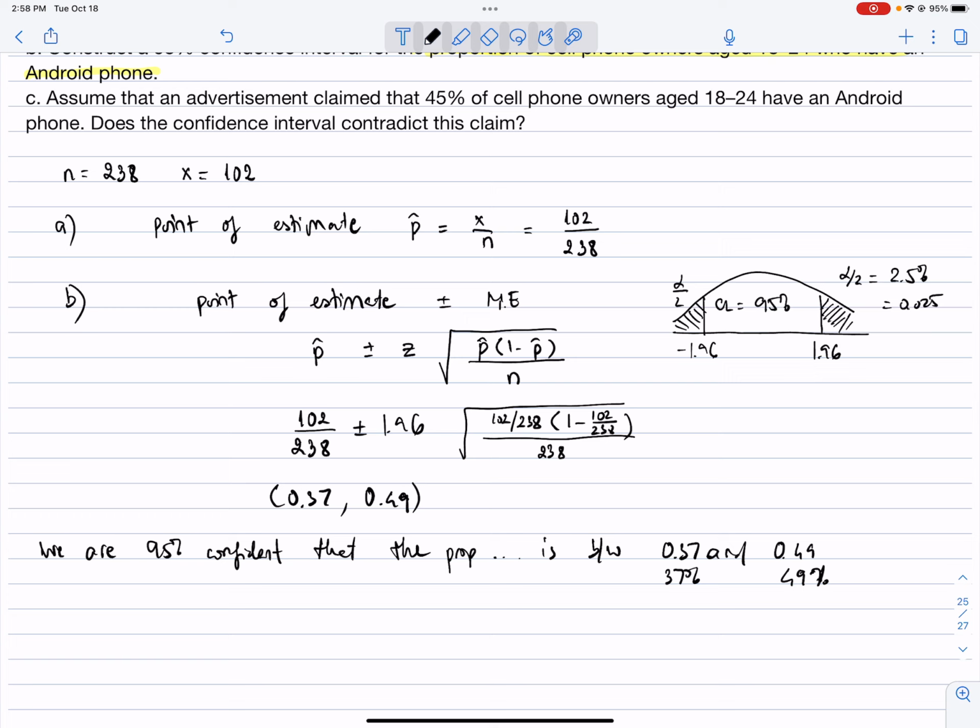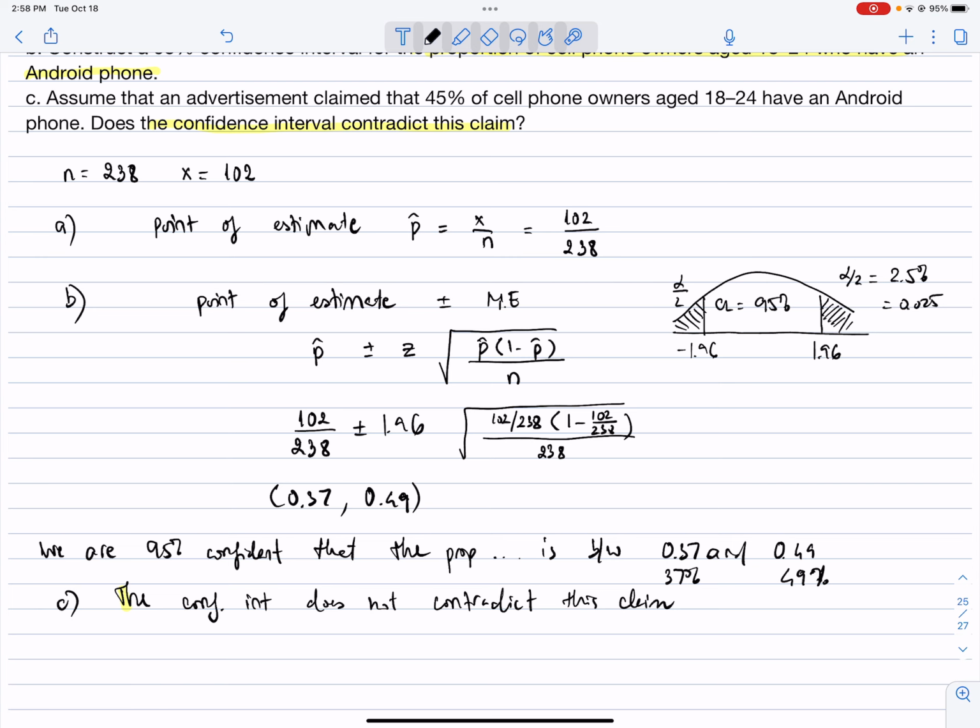So in part C, because 45 is in this range, we answer that the confidence interval does not contradict this claim, because 45% is in the range from 37 to 49%.